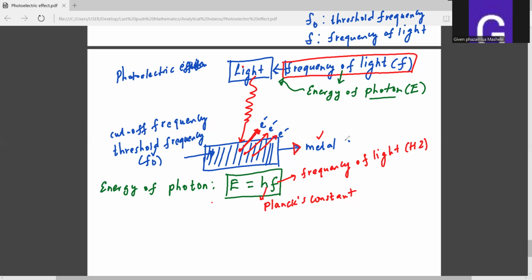Now, I want you guys to listen to me very well here. However, this light, when it's shining onto the metal surface, it comes with its own speed, which we call the speed of light.